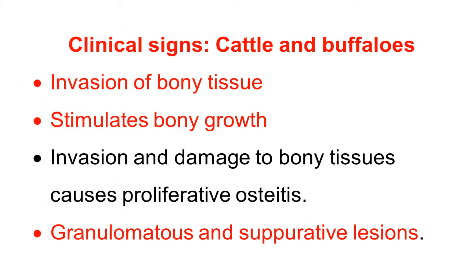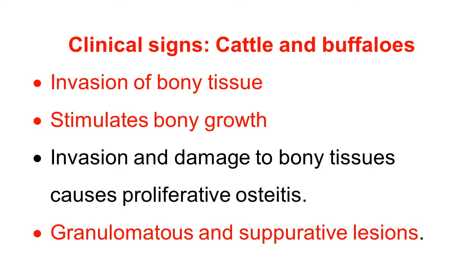Continuing the clinical signs in cattle and buffalo. The organism Actinomyces bovis invades the bony tissue, mandible or maxilla. And when it enters inside the bone, it stimulates bony growth. So you find swelling outside on the skin of the cattle and buffaloes, especially at the mandible and maxilla region.